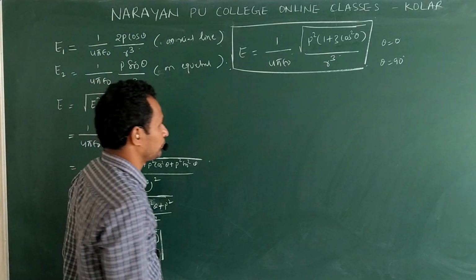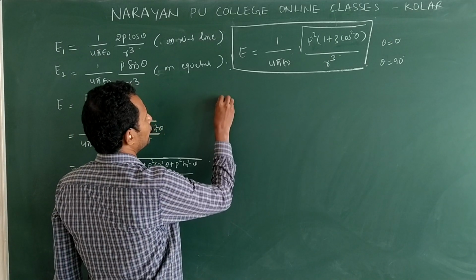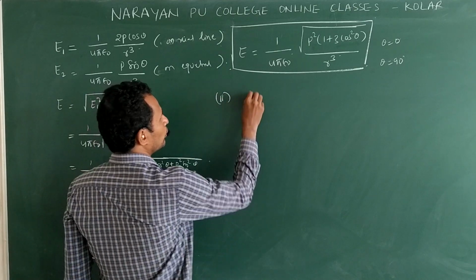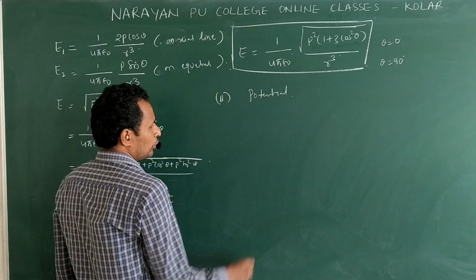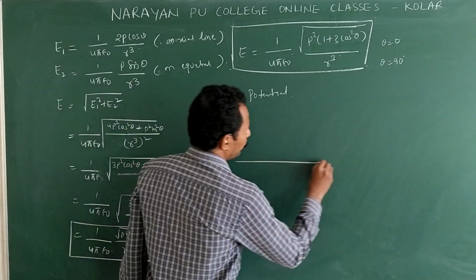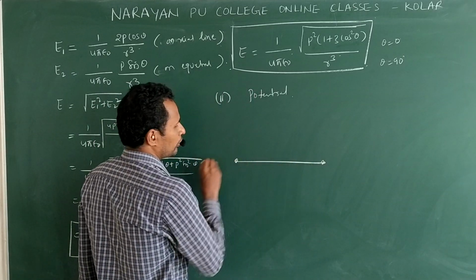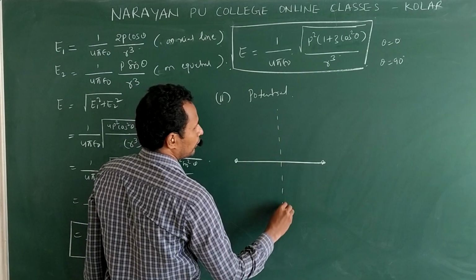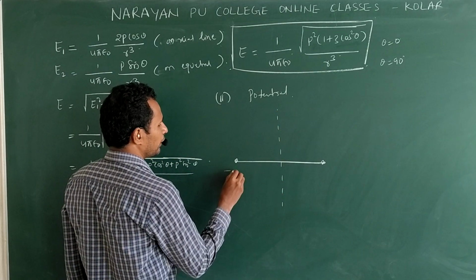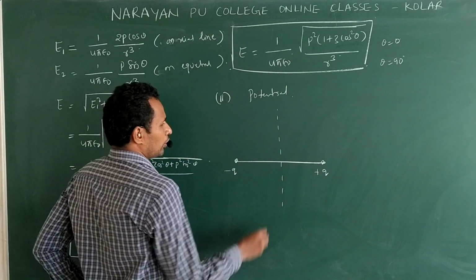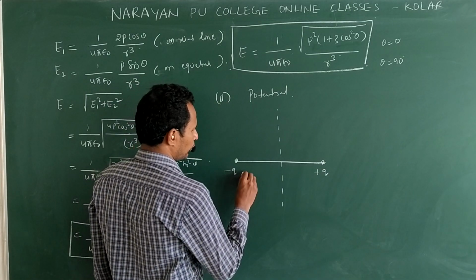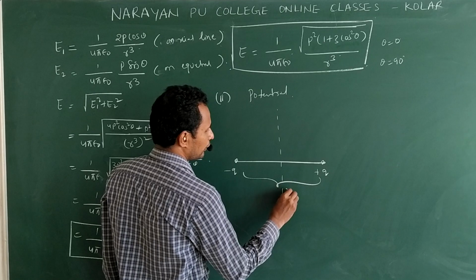And next, potential due to dipole. Second point is potential due to dipole. Clear? So one important point in this concept: this is plus q and this is minus q. Let us say the total distance between charges is 2L.